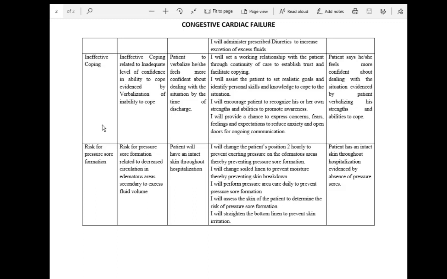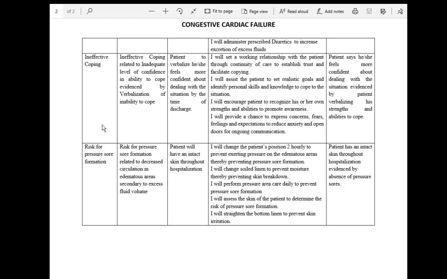And the last point that we have implemented on our patient is, I will straighten the bottom linen to prevent skin irritation. So the bottom linen is basically the linen where the patient lies. We have to make sure that this linen is straight, because if it is folded, it can cause irritation on the skin.